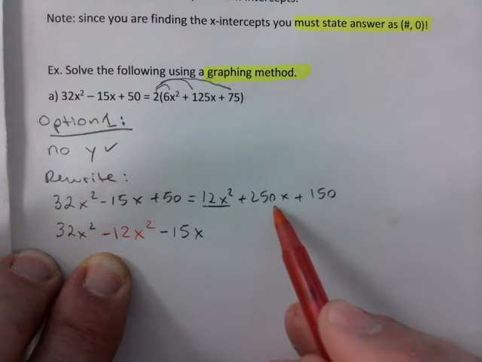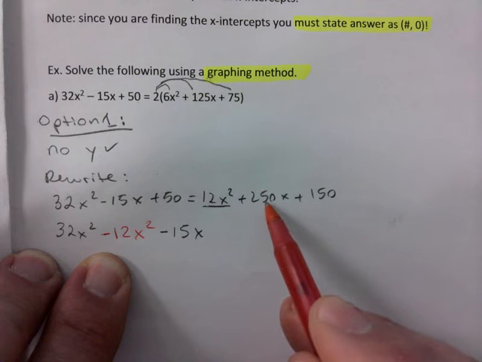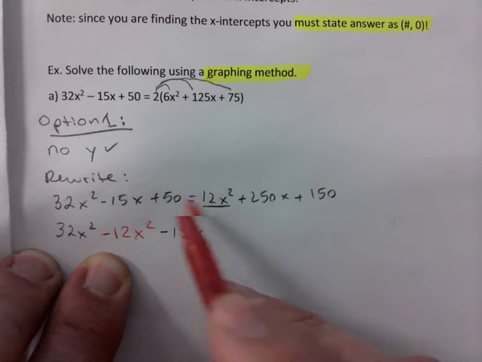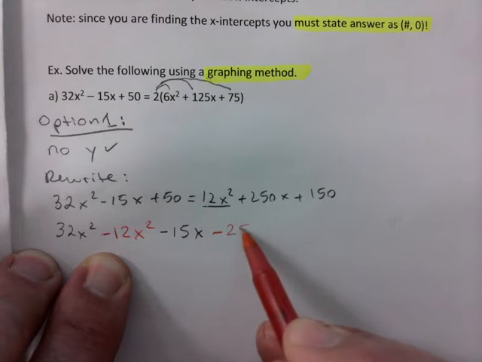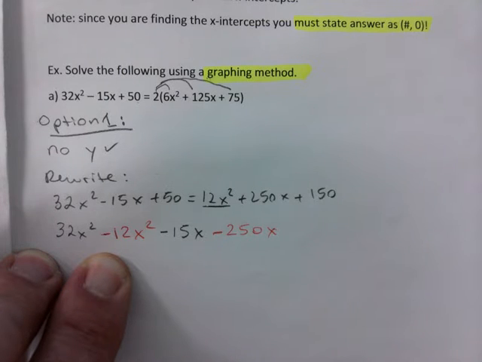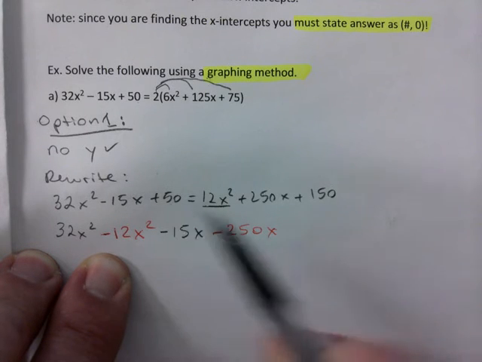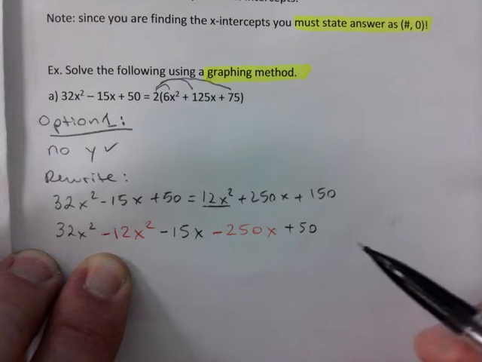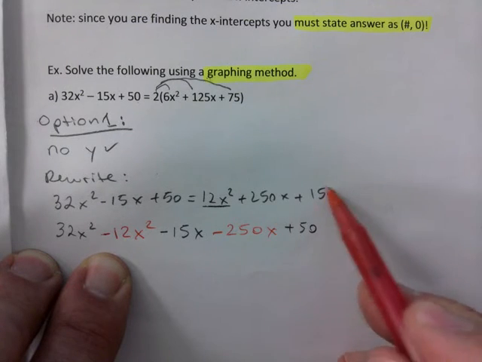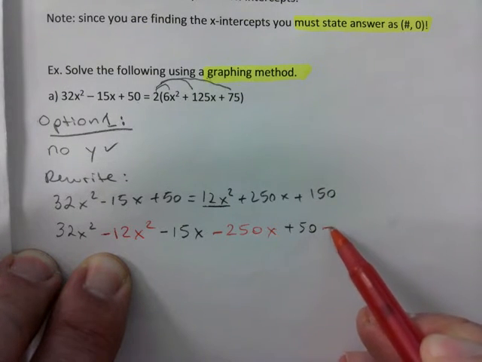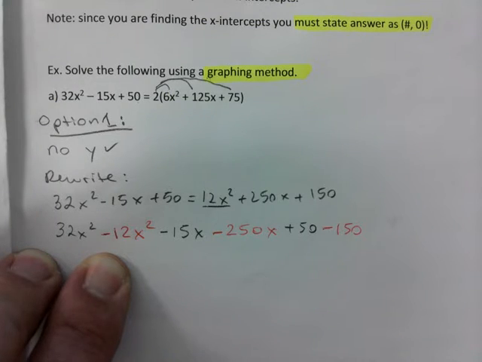And this 250x, which is on the right-hand side, when it comes over to this side, it changes to negative. Then you have the 50. You bring over this 150, which comes over subtracting.